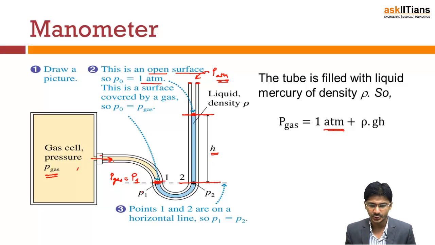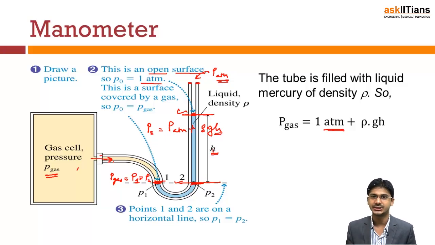One more thing we know is that the pressure at the same depth within the same liquid is the same. That means the pressure at 1 is the same as the pressure at 2, because they are at the same level of the liquid. Now if we apply the equation for this point, the pressure at point 2 is equal to P atm, the atmospheric pressure, plus rho g into h, where h is this height.